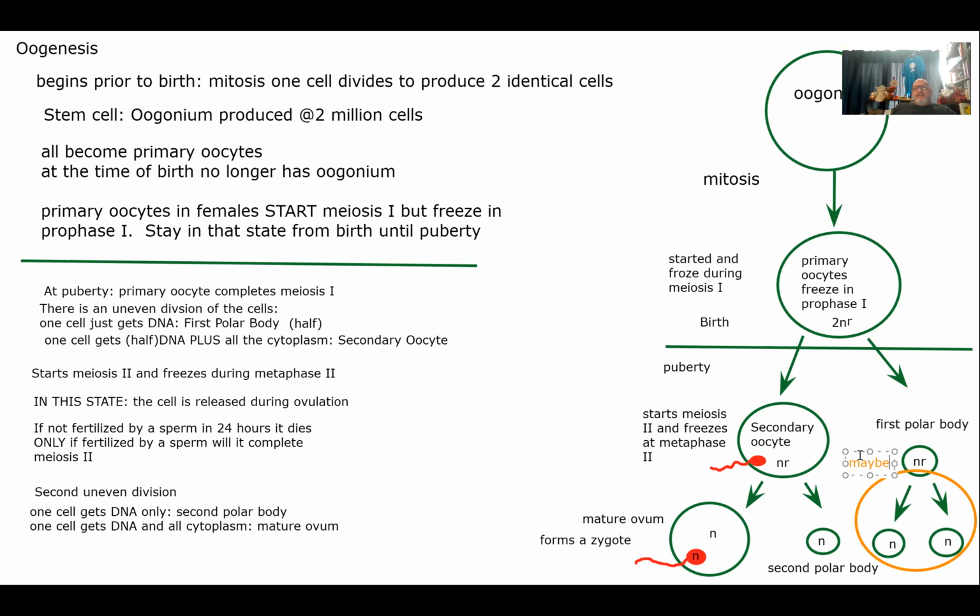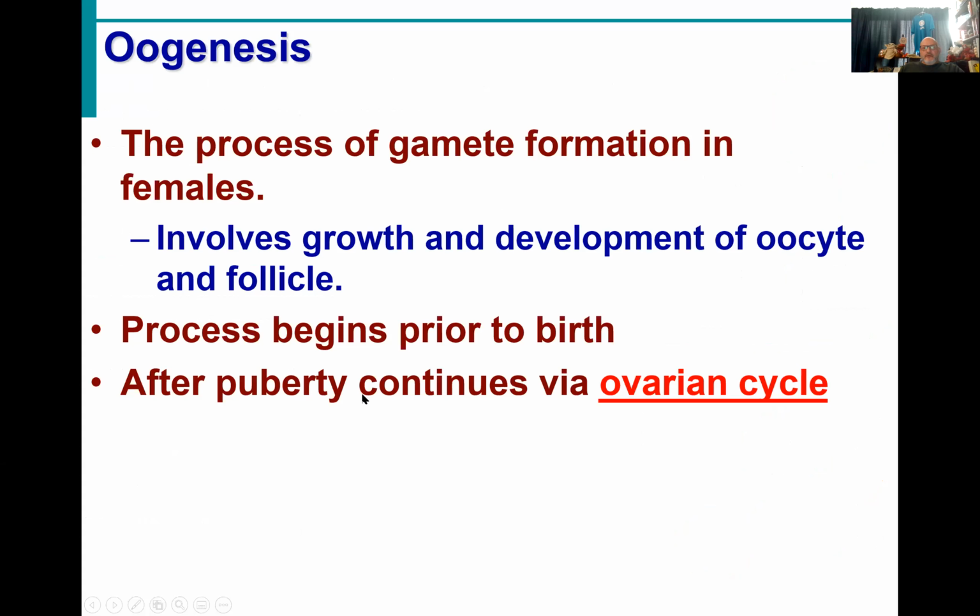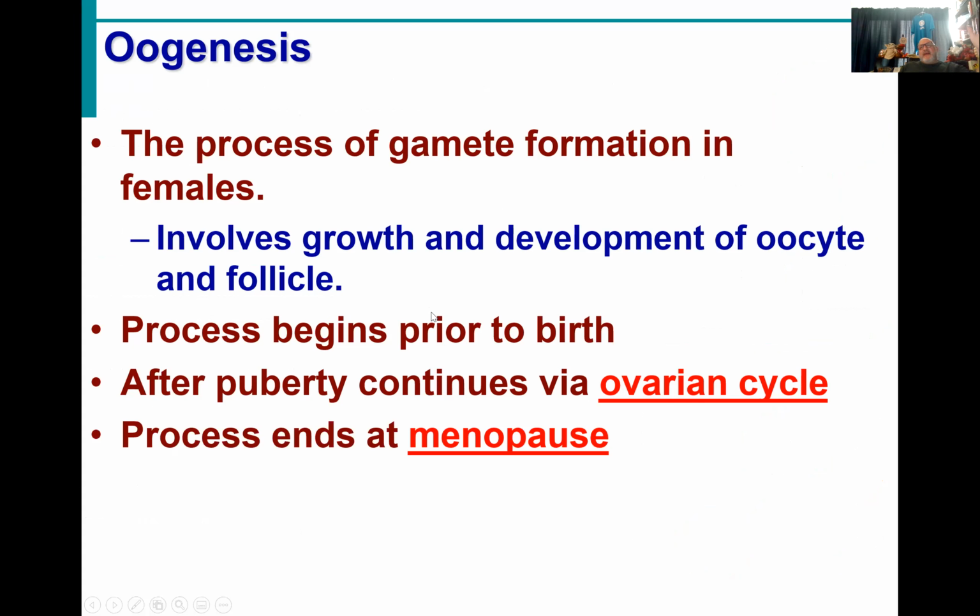All right, I've done this here, but let's look at the picture from your textbook where it goes over this as well. So again, at puberty, we start our ovarian cycle. And again, does that ovarian cycle continue until 15 minutes after the female dies?